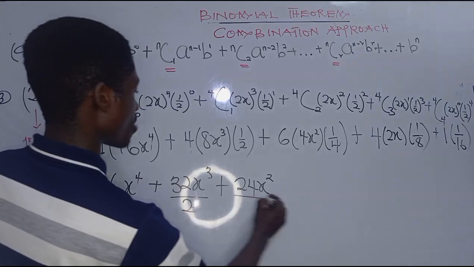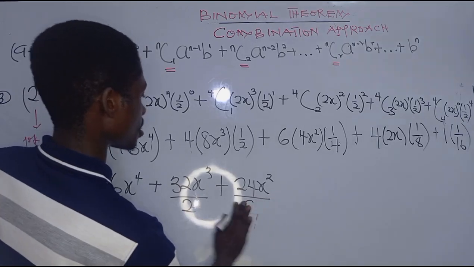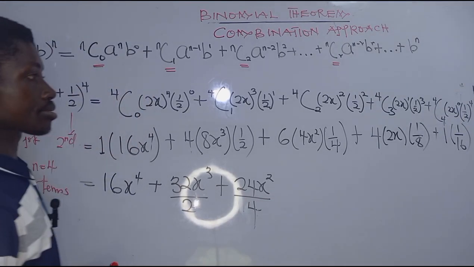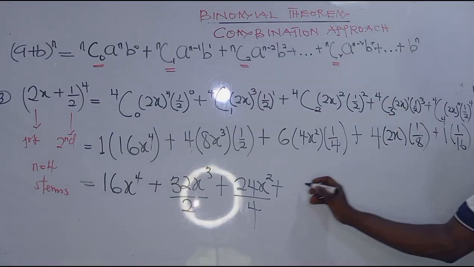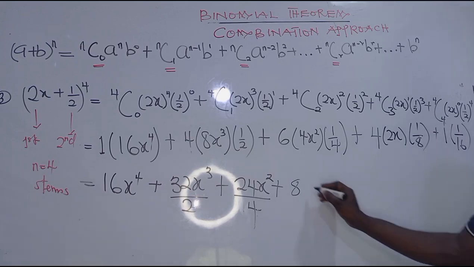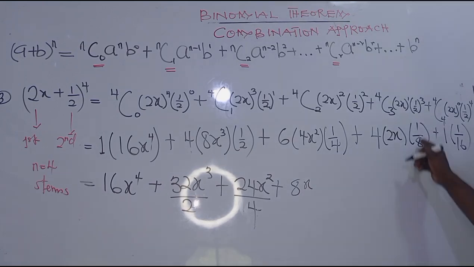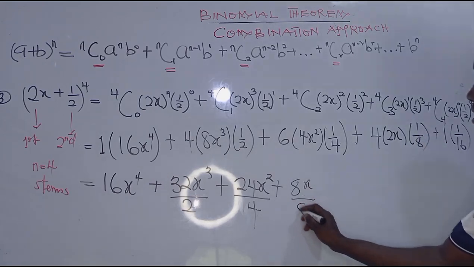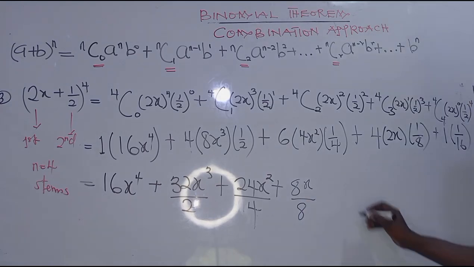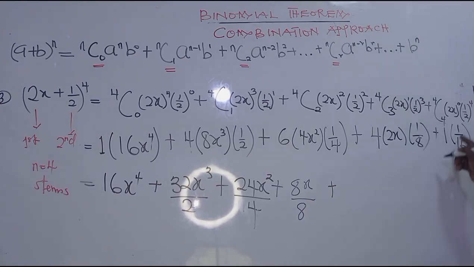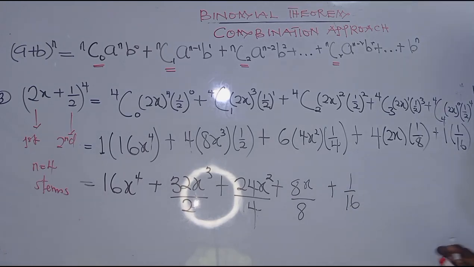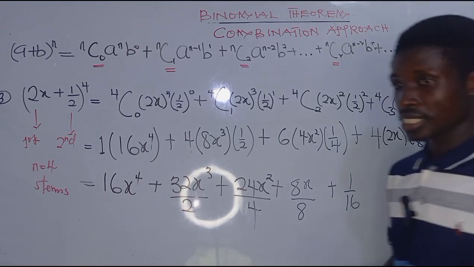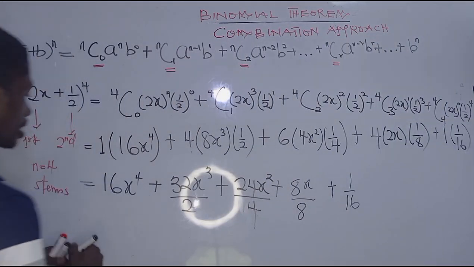Multiply 1 over 4, we can write it as this. And then we have plus 4 times 2 give us what? 8. You have our x. Multiply 1 over 8, we can write it as that. And then we have plus this will give us 1 over 16.